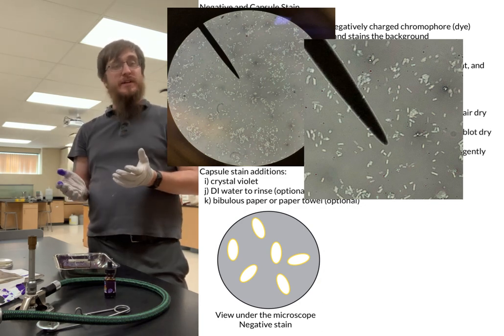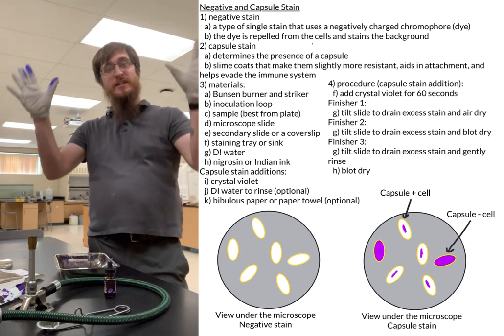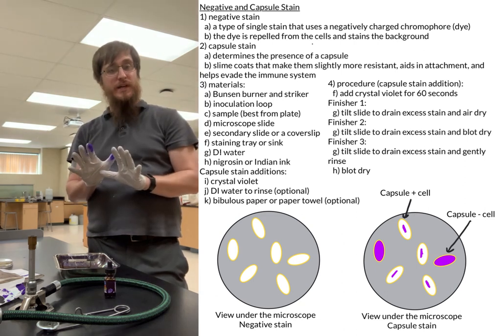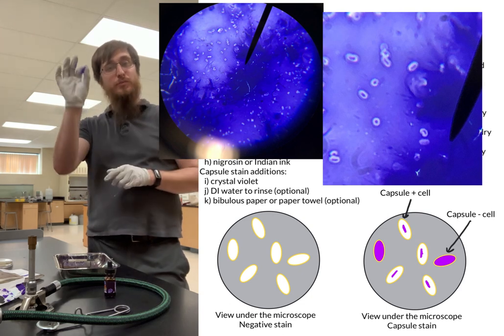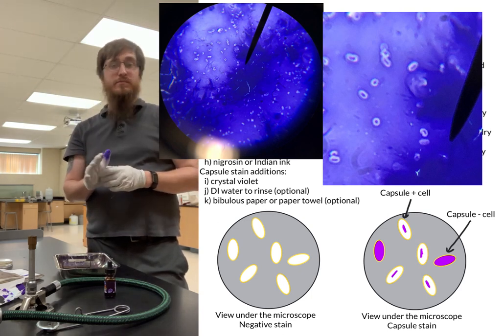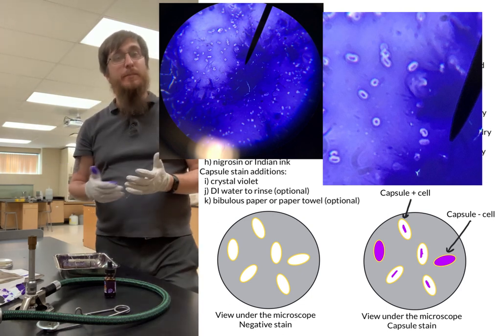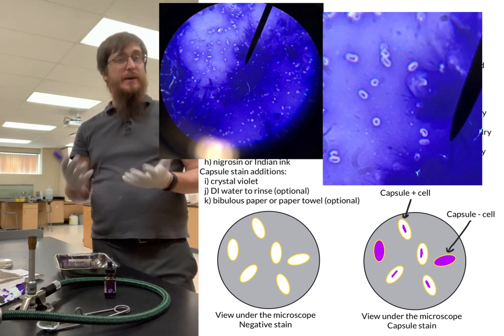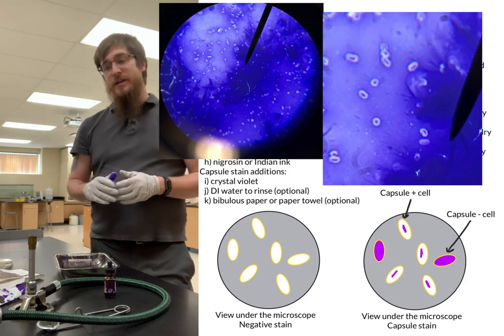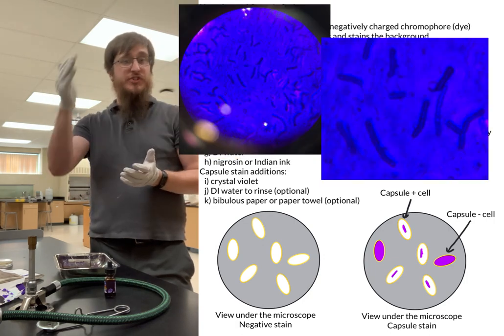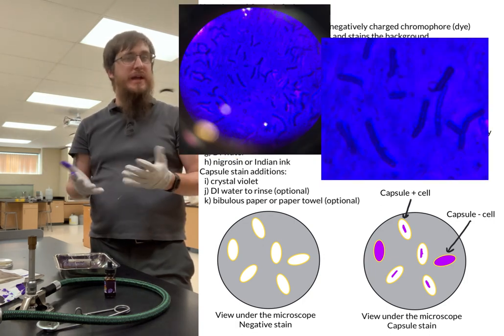So what ends up happening is that the nigrosin makes a nice black background for us to look at, and then we get these clear halos around our purple cells. And that's basically what would indicate a positive result for a capsule stain. Is again, if you get these little cells with these halos around them. If you just see cells that are just stained all the way, then that's going to be a negative result for our capsule stain.